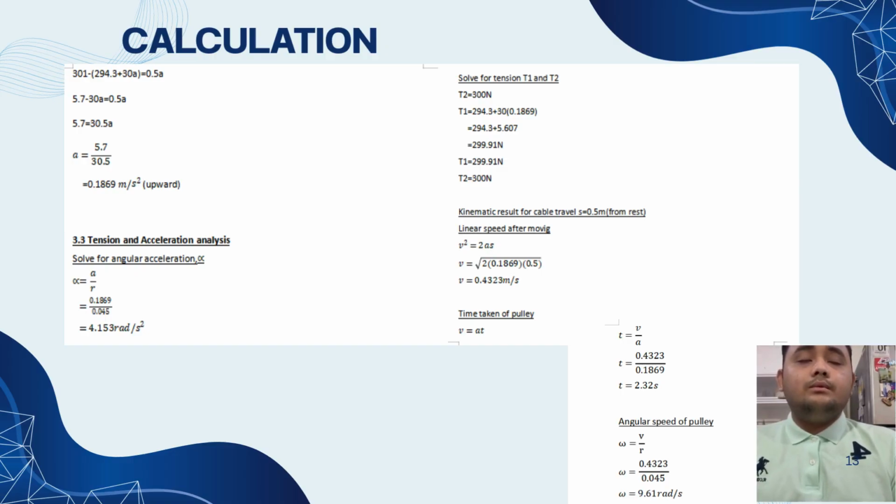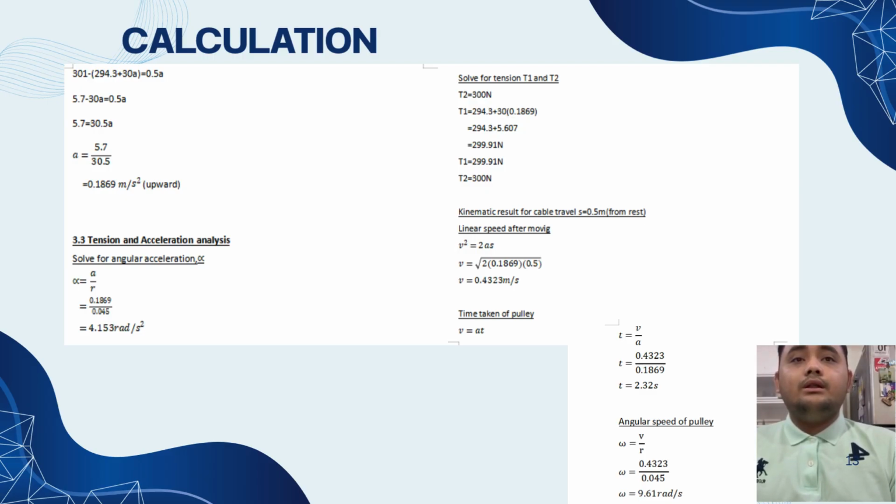And third is the linear speed after moving. We use the formula v square equal to 2as, and we get the answer 0.4323 meter per second. And then the time taken.